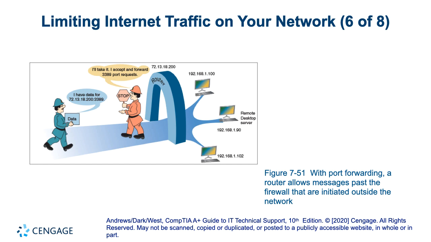They don't have to match, but they should typically match. And then the router gets it and says, that's 3389. You actually want the remote desktop server, because that's where my port mapping goes to.